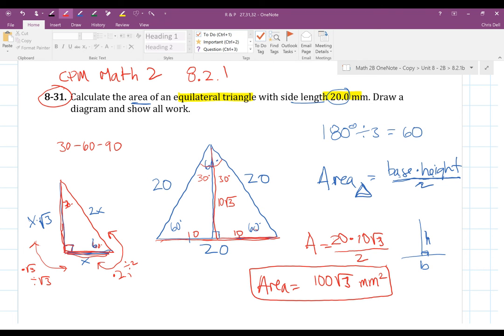So we could say the area is approximately 173.21 millimeters squared, rounding up in the hundredths place. So I can also have an approximate answer. So either one of these, the approximate or the exact answer, is what we have. Okay, there we go.